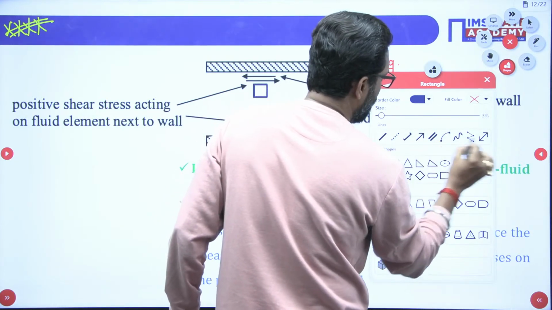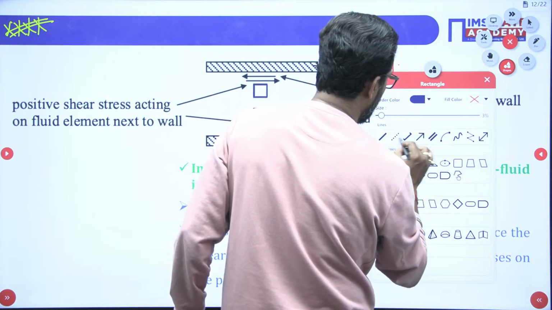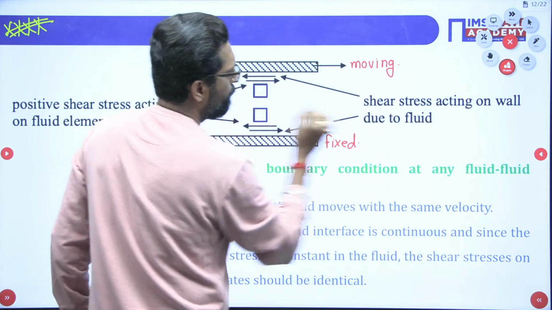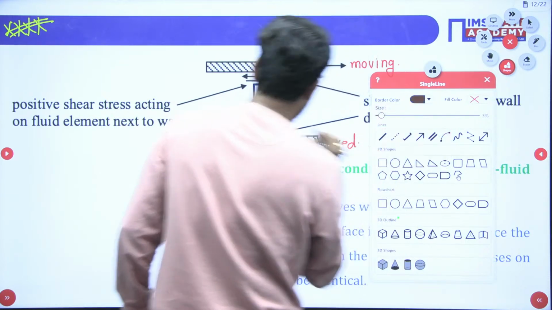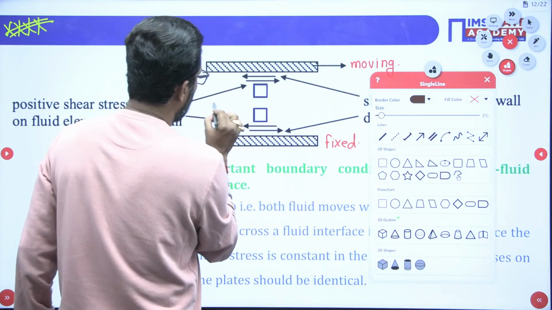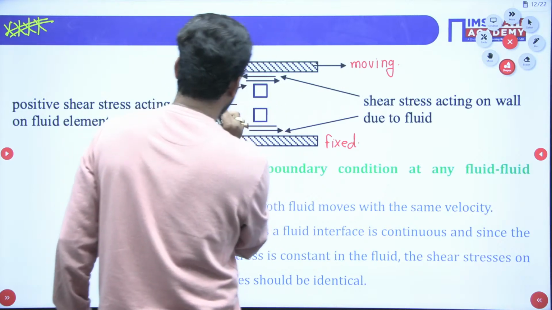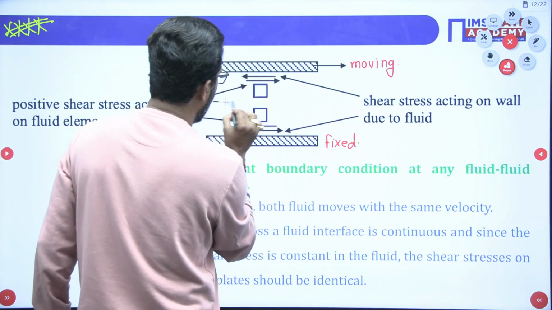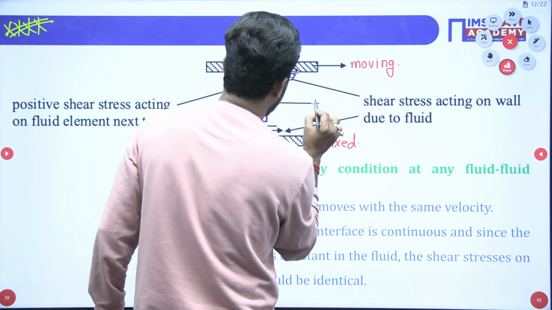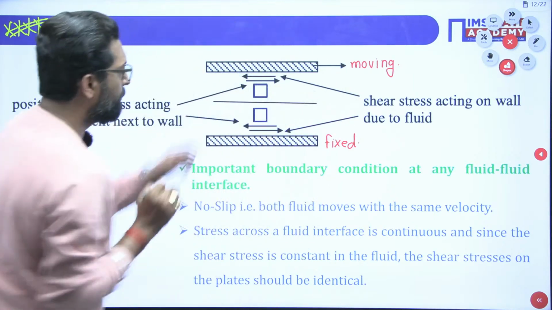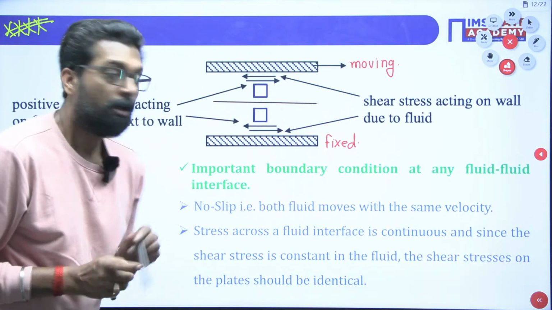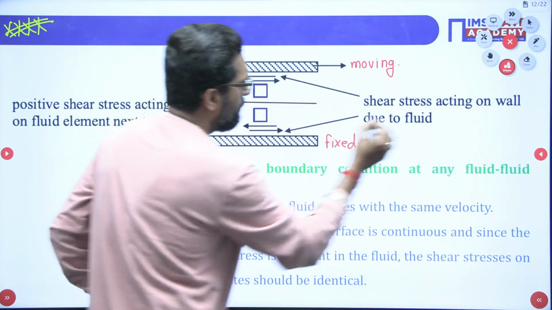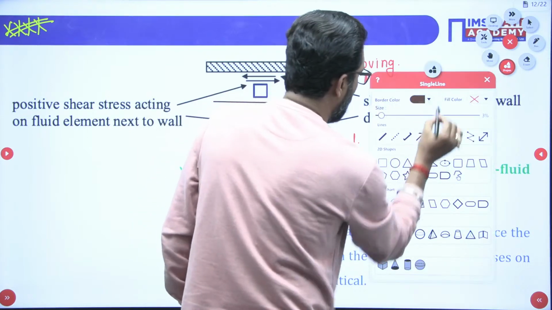If you take a very thin layer in between this, my dear, please listen very carefully. If you take a very thin layer in between that, let's suppose a very thin layer. Now, my dear, please tell me.